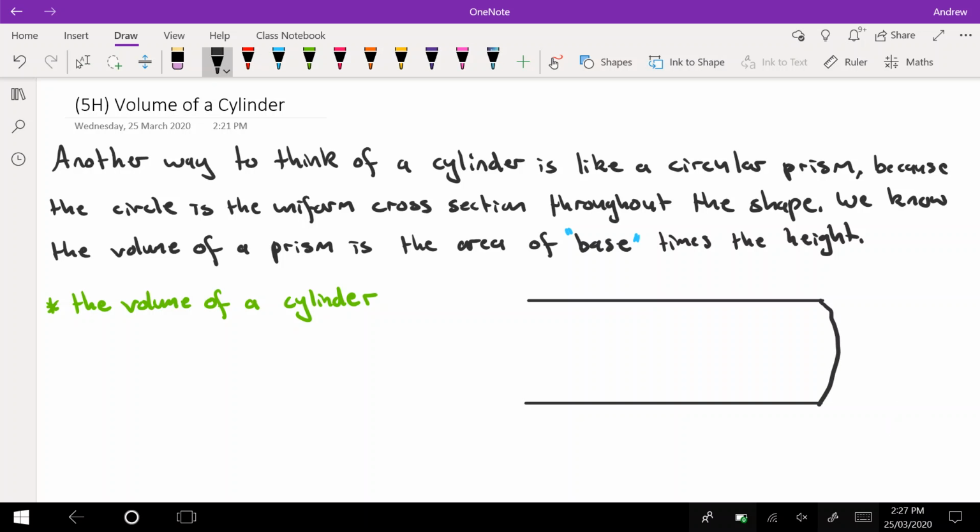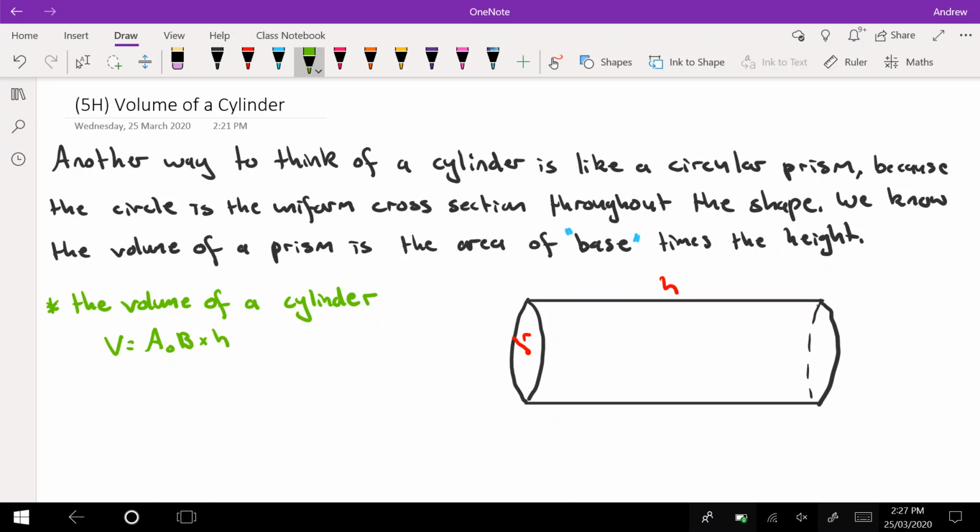Oh, that didn't end well. So we've got a cylinder like that. It'll have a height here, and a radius there. We know that the volume of any prism is the area of the base times the height. And again, I write AOB just to say area of base.